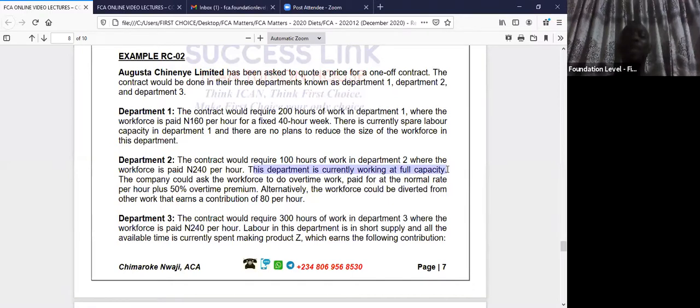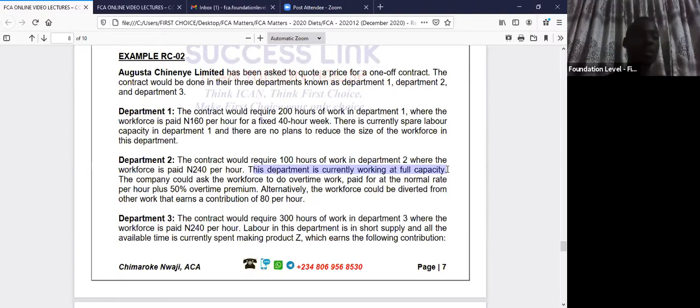Each time you see capacity, whether they say spare capacity or no capacity or half capacity or full capacity, the word capacity belongs to permanent employment. You cannot use capacity for temporary workers because they come and they work.